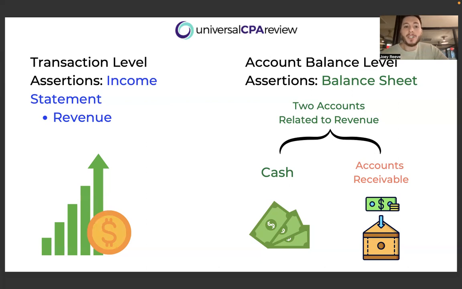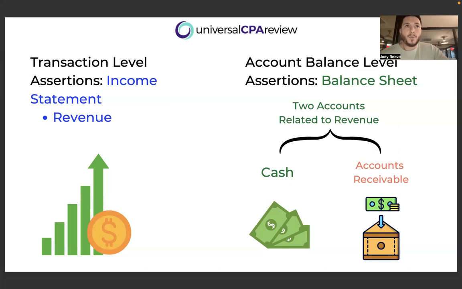When it comes to transaction level assertions, this is an assertion related to the income statement, more or less. When you're thinking about revenue, this is a sales line item, your top line. It's a really important cycle to consider, along with the expenditure cycle, because those two cycles have to do with the profit line.